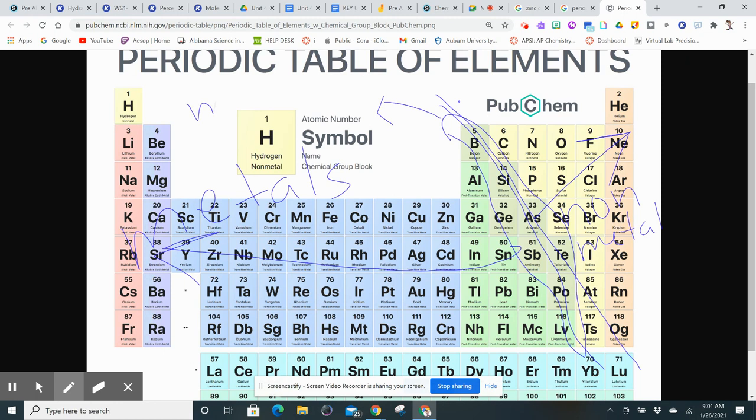We learned all this at the very beginning of the year. So things like aluminum, tin, lead, all of those from here over, those are all metals. Everything in the top right-hand corner here, those are all non-metals. That's the easiest way to do it.